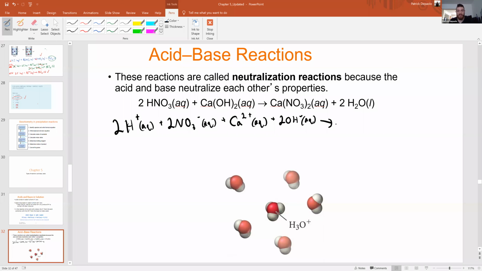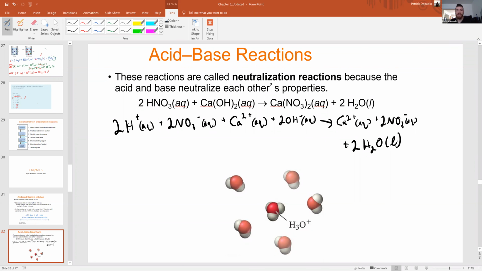And then you have Ca2+ (aq) plus 2NO3- (aq) plus 2H2O liquid. The reason we didn't split up the liquid is that, just like a solid, it's considered a pure substance.